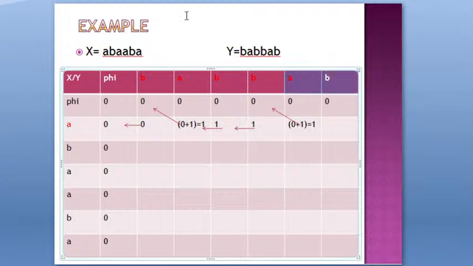Now next is A with B. Again it is not matched. I am having two options: I can take the value from previous row or previous column. Now what is the maximum between 1 and this 0? The maximum value is 1. So I will put 1 directly, and the arrow is leftwards. Okay?